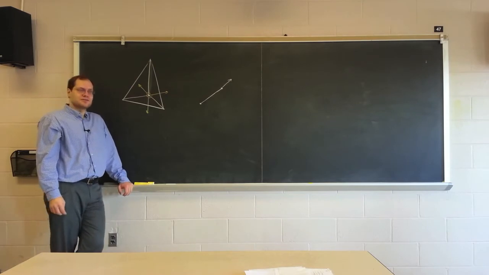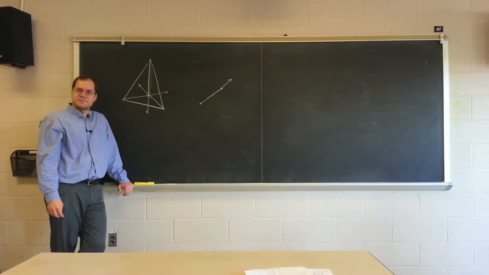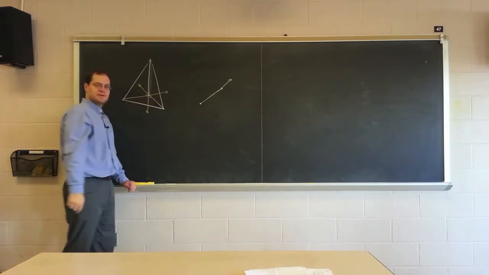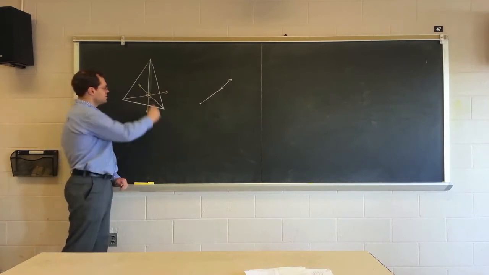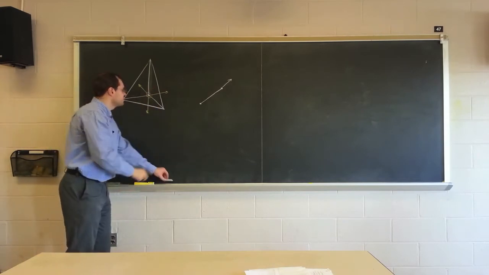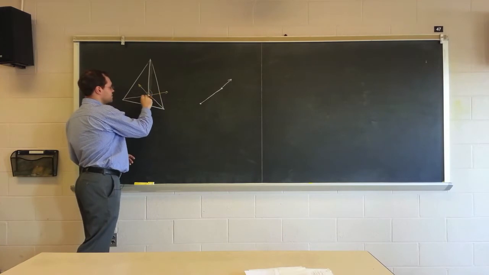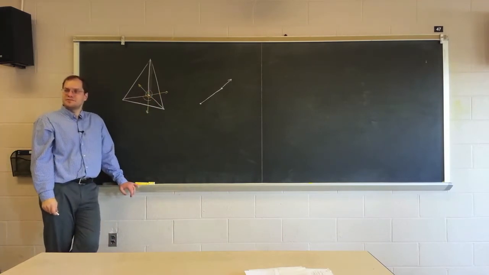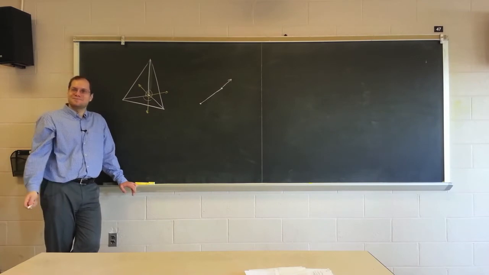That's the only way to arrange 3 unit vectors in such a way that their sum is 0. So there we go. This point is characterized by the 3 angles being 120 degrees. And of course that implies that these 3 angles are 120 degrees each also. How simple is that?